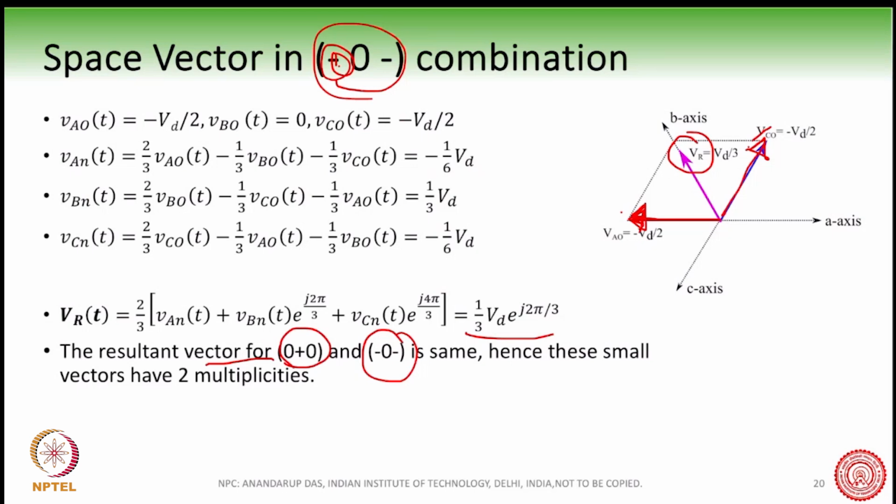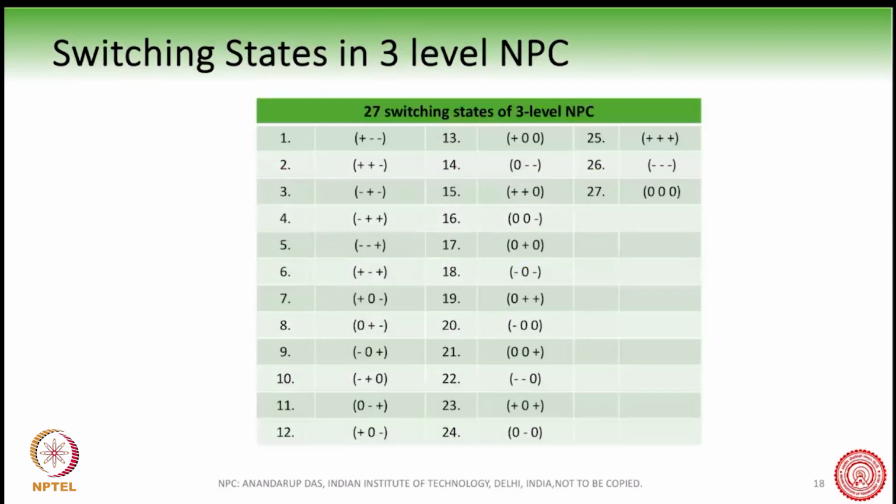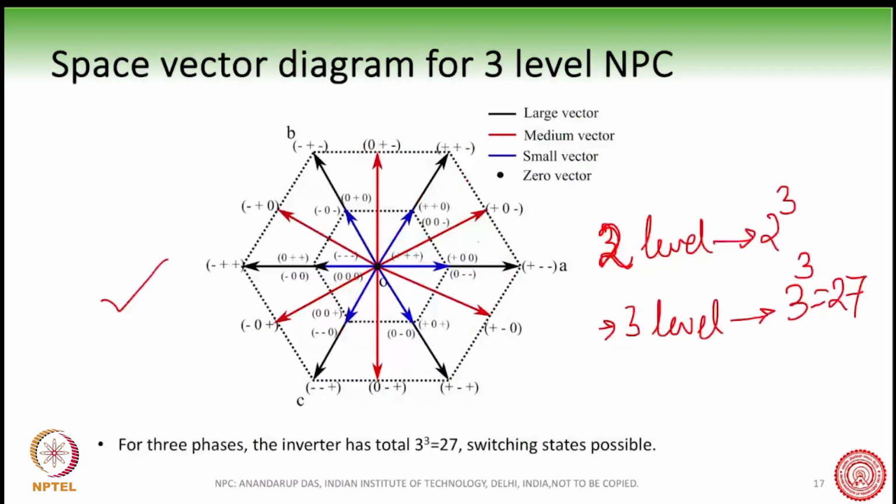In fact, if you go on tabulating all the 3-level NPC switching states, there are 27 of them, and these are the possible switching states. You can see all the switching states I have drawn, and you will get a corresponding space vector for each. These space vectors are what create this space vector diagram.